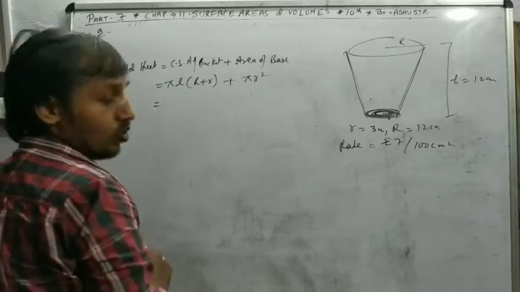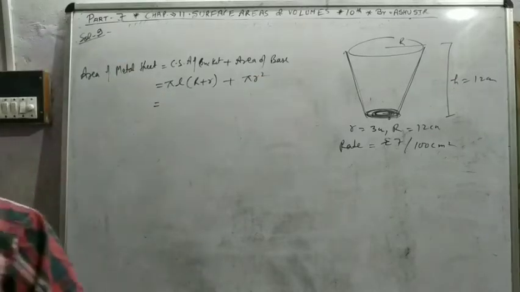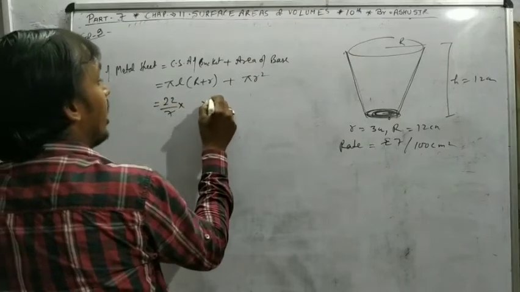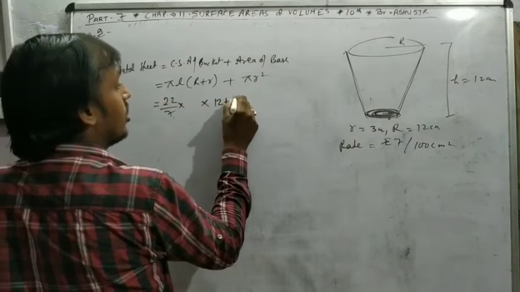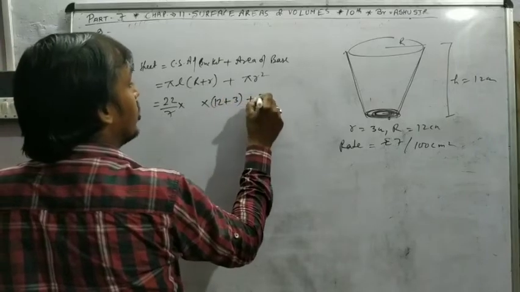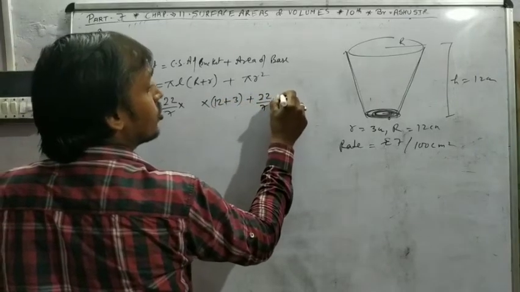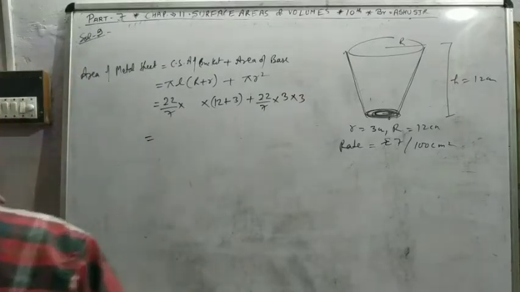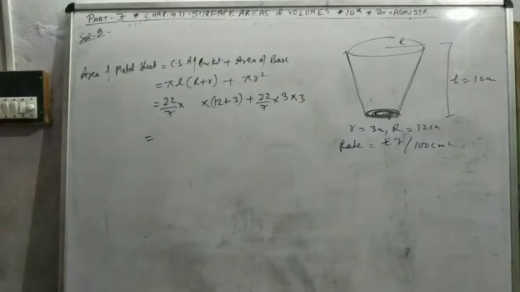Pi value, you know, it's given: 22/7 into L into (12 plus 3) plus 22/7 into 3 into 3. L value is not given. So firstly you find the value of L.